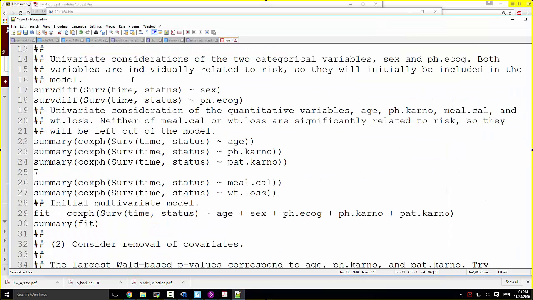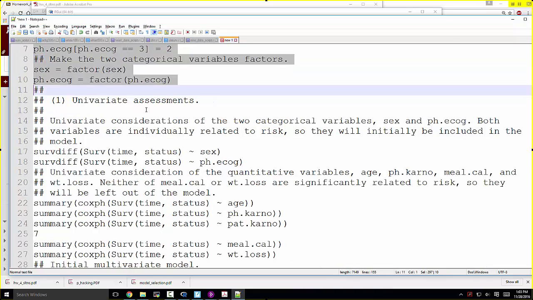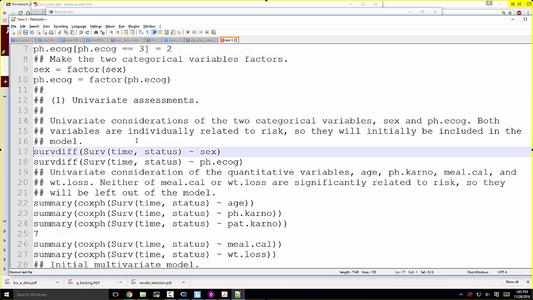Okay, then we looked at one at a time. Let's consider each of these variables one at a time. With a categorical variable, a simple way to do that is to look at survival curves, and both of the gender and ph.ecog variables were pretty clearly associated with survival time.